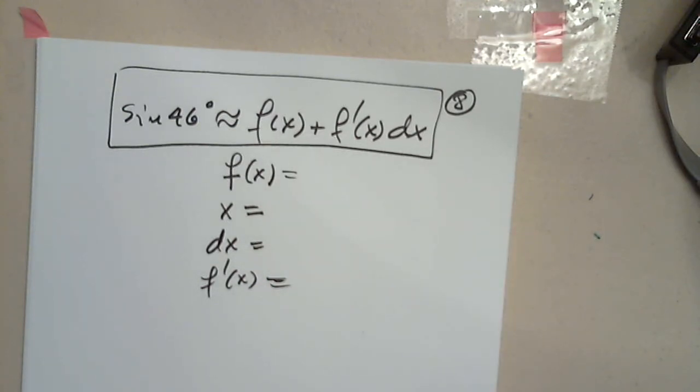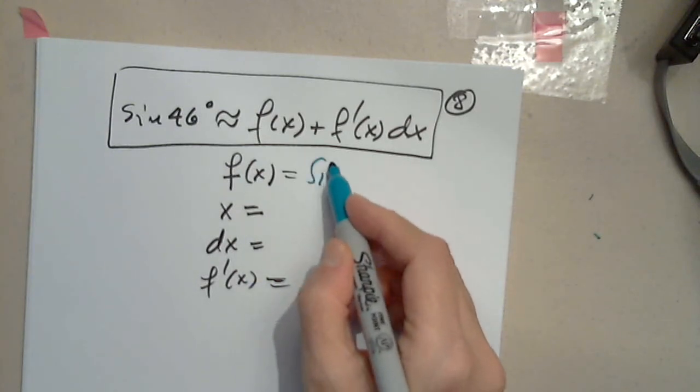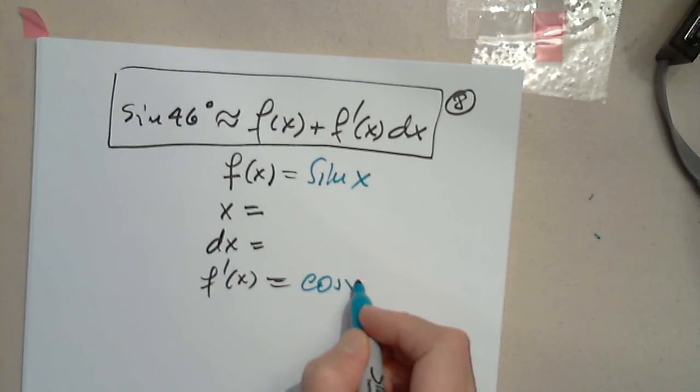So let's identify the function first. It's sine, of course. We have sine x, so sine prime is cosine.